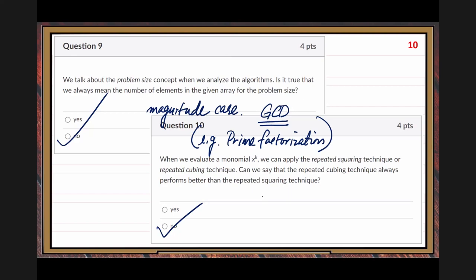When n equals 2 to the k or close to it, or when n equals a power of 3 or close to it, in this case, repeated squaring is better.